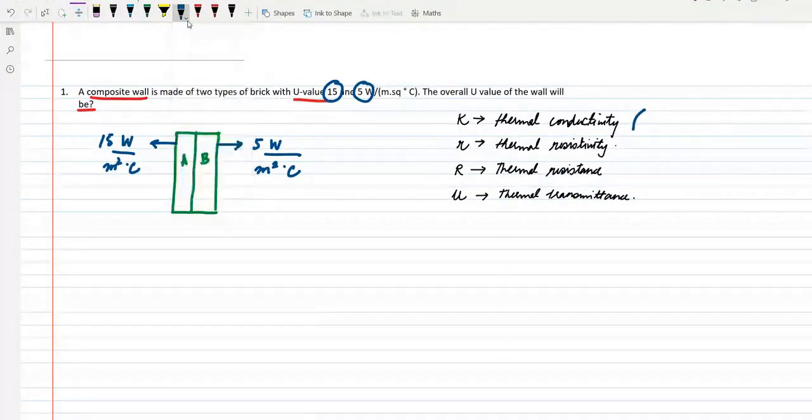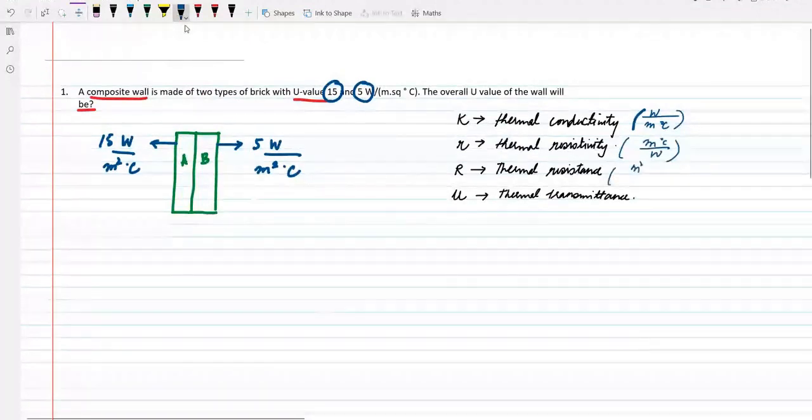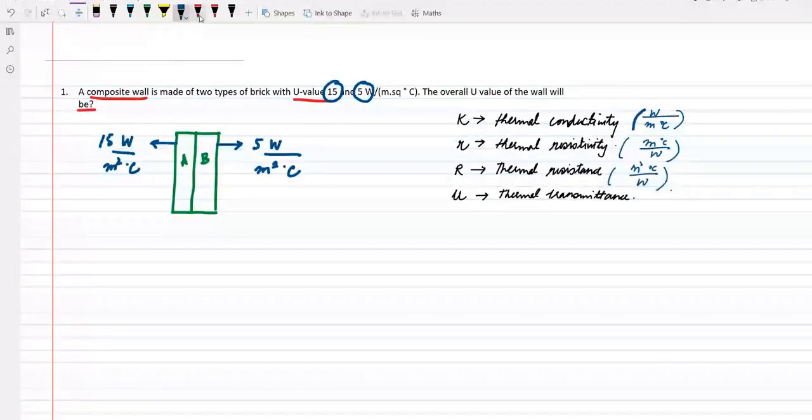It's watt per meter degree Celsius. This is meter degree Celsius per watt. This is meter square degree Celsius per watt, and this is watt per meter square degree Celsius. Fine.